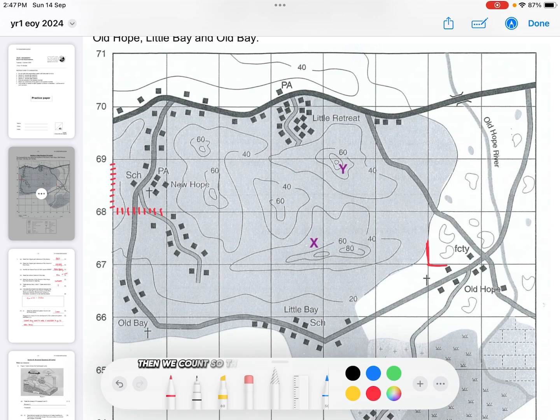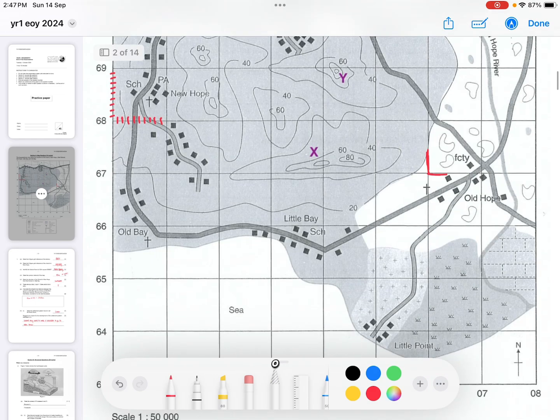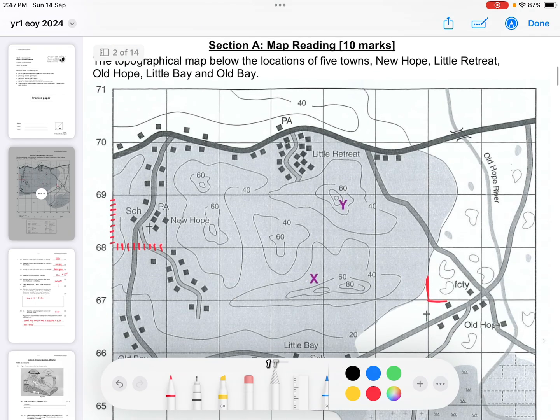Then we count. The church is here, in the middle. So we count 0, 1, 2, 3, 4, 5, 6, 7. That's 007. And then we count upwards, 684. So the 6-figure grid reference of the church is 007684. For the third and sixth digit, we accept an allowance of plus minus 1.